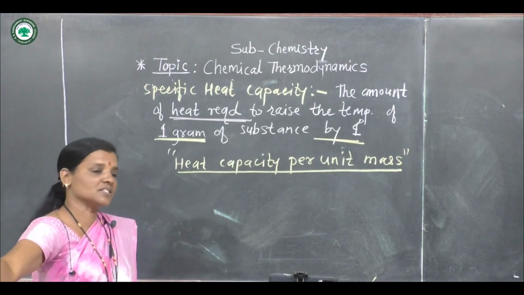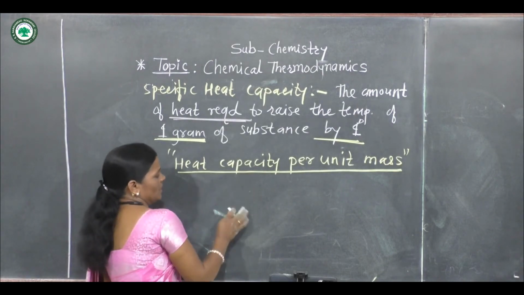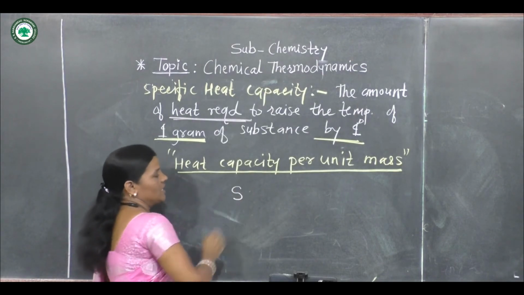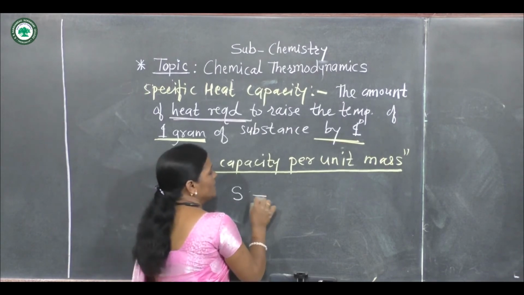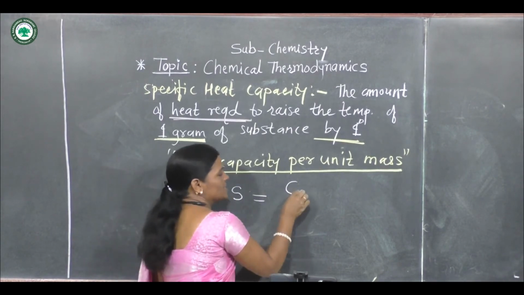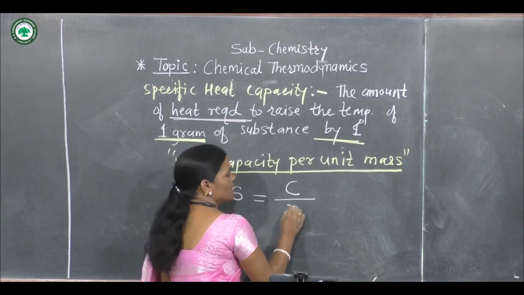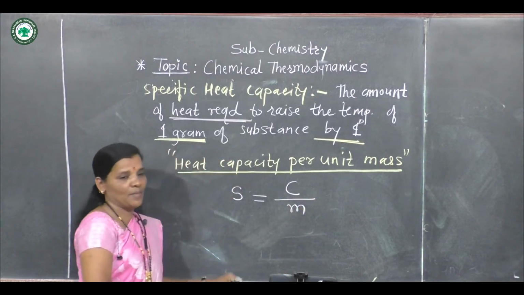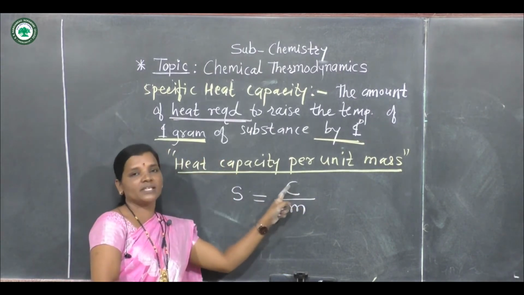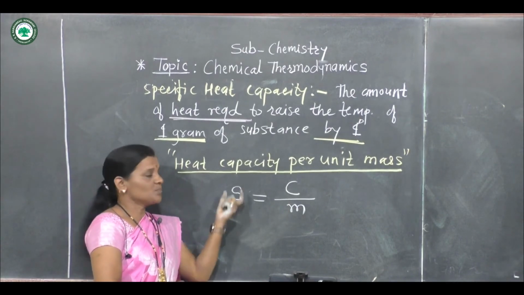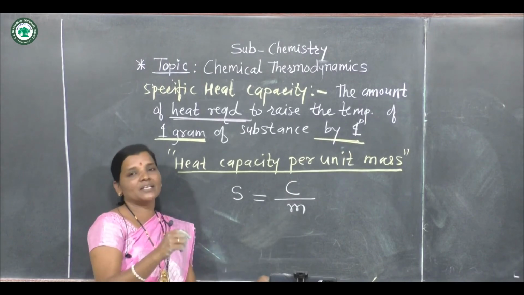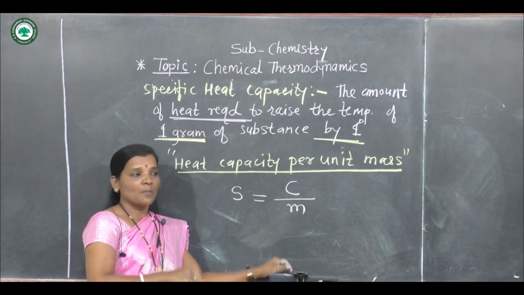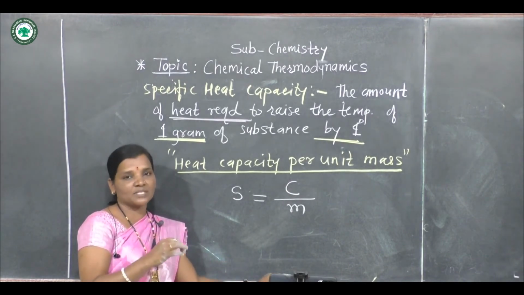Now let us consider, for example, if S is the specific heat capacity of a substance, then it is equal to heat capacity per unit mass. S is equal to C upon M. S is the specific heat capacity of that substance, C the heat capacity, M the mass of the system or substance considered.